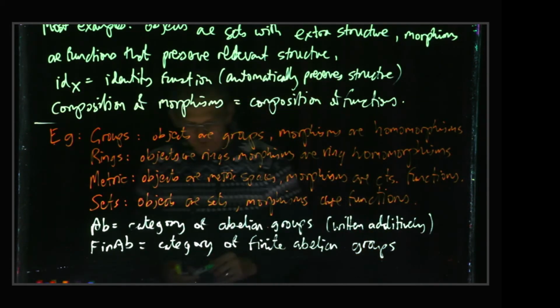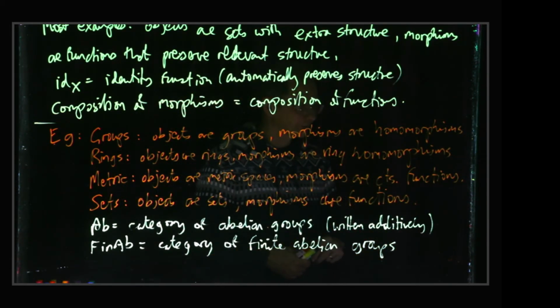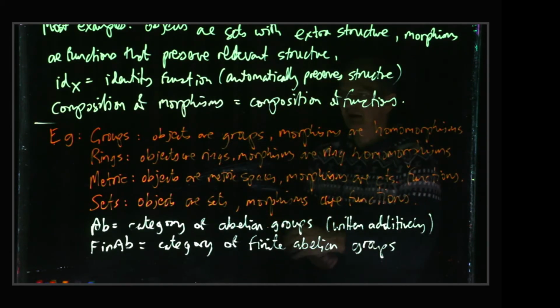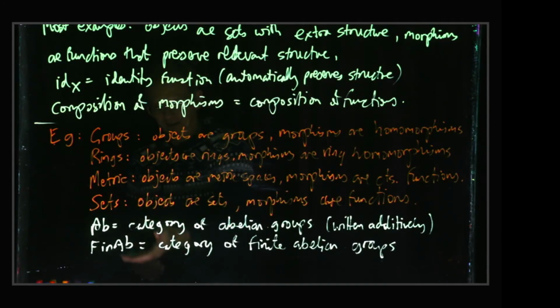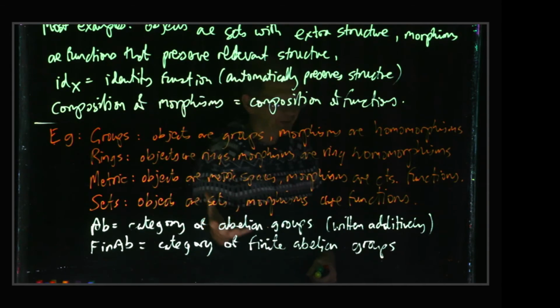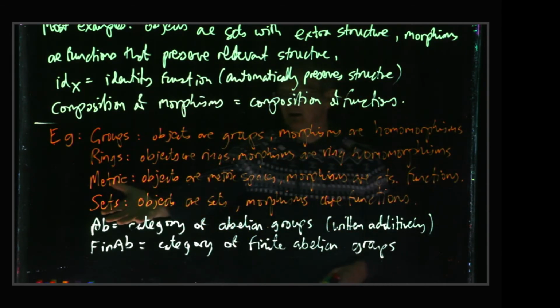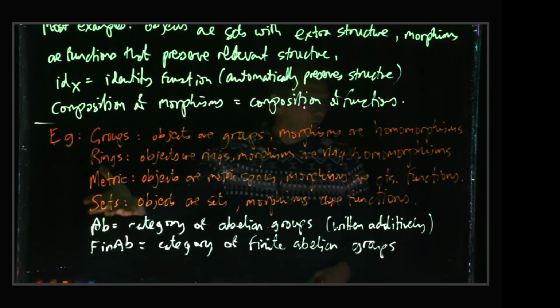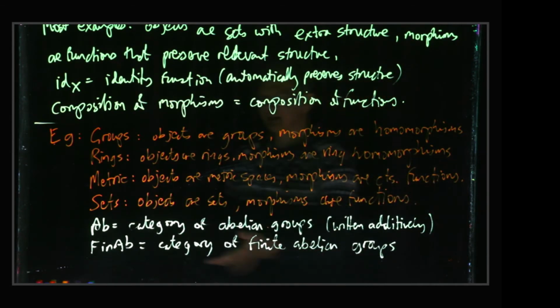Okay, so these are examples where you just cut down the class of objects. Instead of all groups, you've only got the abelian ones or the finite abelian ones. But we've basically got the same kind of morphisms right here. Category AB, the morphisms are just group homomorphisms, and similarly for fin AB.